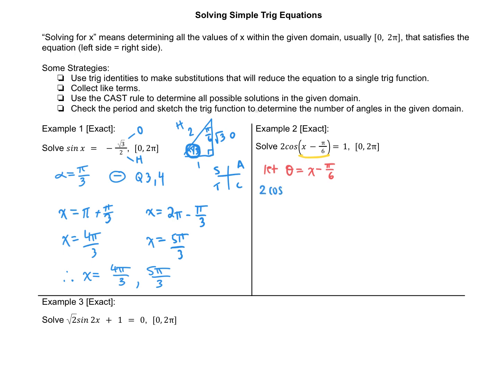So that means we are solving 2 cos theta equals 1. Now don't worry, we will bring back that x minus pi over 6, but temporarily we're going to make our life a little easier. And now we can isolate for cos theta by dividing both sides by 2.